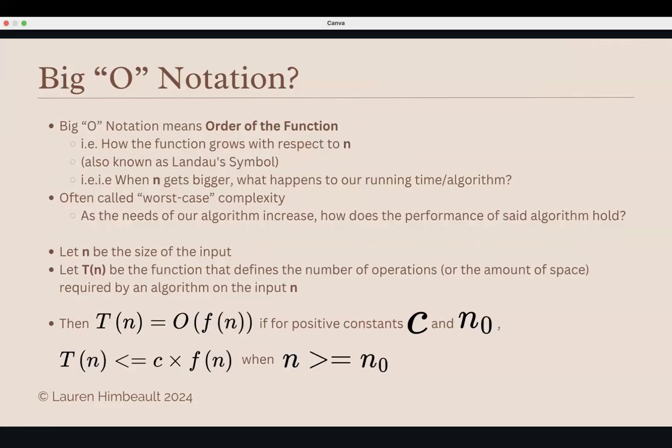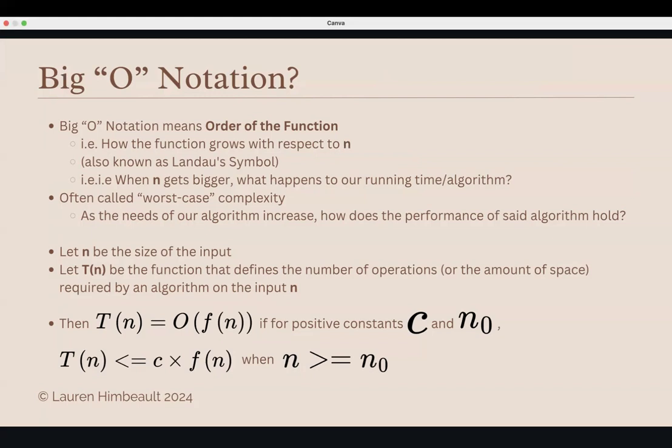Okay, so when we're talking about this, we can say, let n be the size of the input. This isn't new for us. And we let T of n, capital T of n, be the function that defines the number of operations or the amount of space that's required by the algorithm on the input of n. Please notice the difference here: we're no longer saying lowercase t, meaning the time that it was taking. Now we're talking about capital T, and capital T is a little bit more arbitrary in this respect.